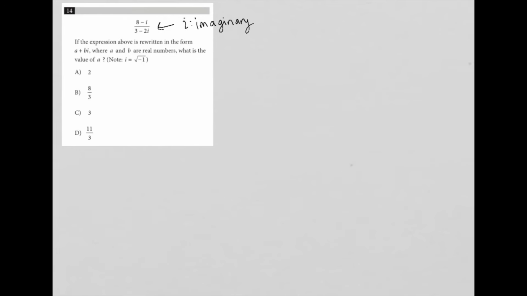All right, so let's see. A plus bi. Now we started off with 8 minus i over 3 minus 2i, but somehow we want this whole thing here to be written in the form of a plus bi. So not a fraction, right? So starting out as a fraction, but we want it, again, the question says rewritten in the form a plus bi.